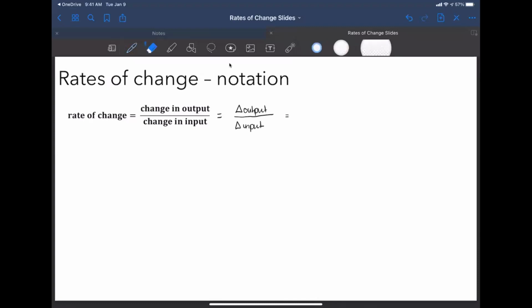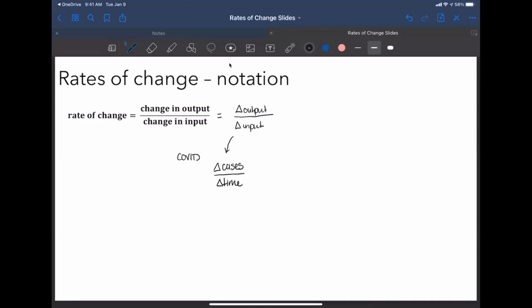An example of this for COVID would be the change in cases, delta cases, over the change in time.